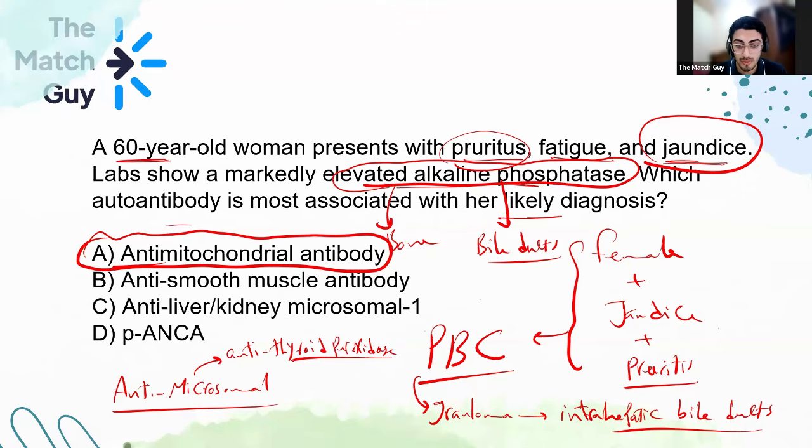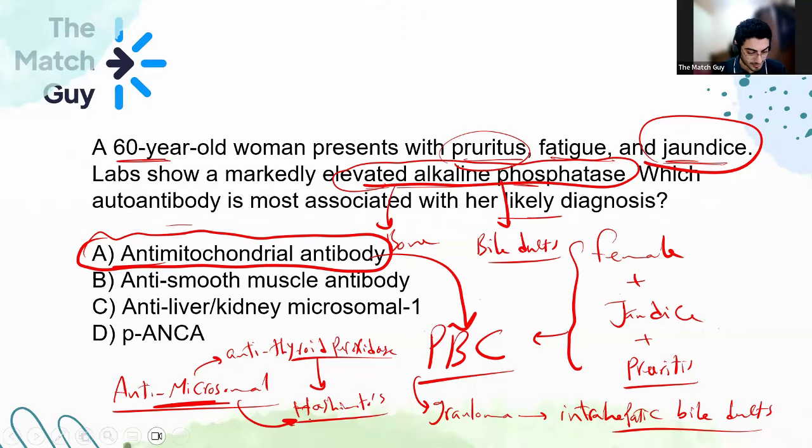And we know that anti-thyroid peroxidase is the autoantibody associated with Hashimoto's thyroiditis. Okay, so please don't mix them up. Anti-mitochondrial for primary biliary cholangitis, anti-microsomal for Hashimoto's thyroiditis. Okay.